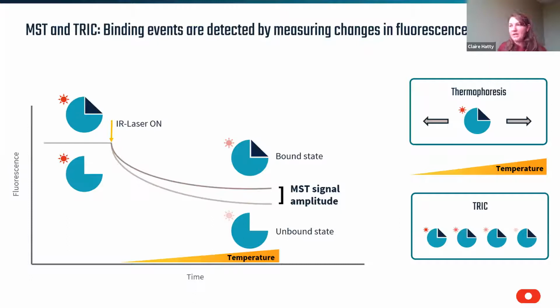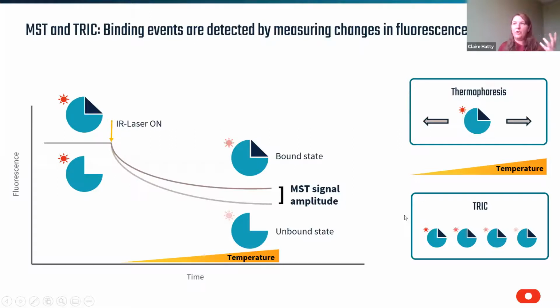Now, in MST, there are two components that go into the overall change in fluorescence that we see. One is thermophoresis, the directed movement of molecules within that temperature gradient. The other is TRIC, the temperature-related intensity change, which is the response of the fluorophore itself to the change in temperature.